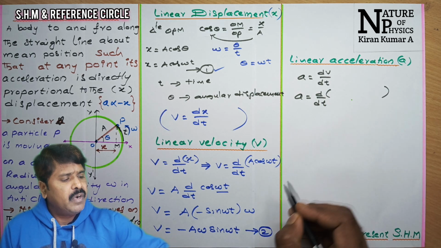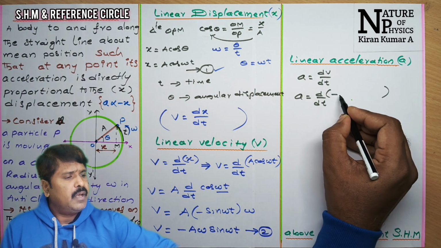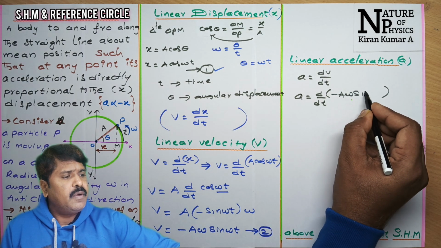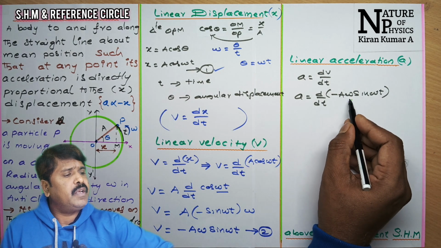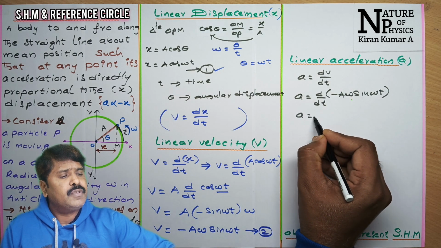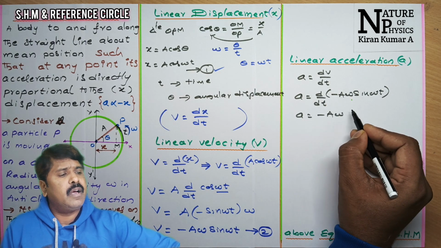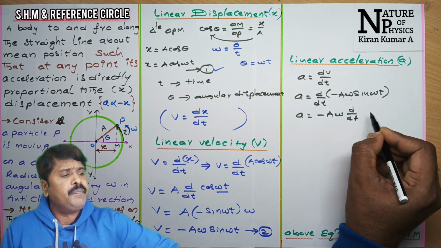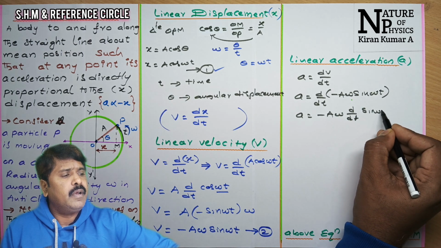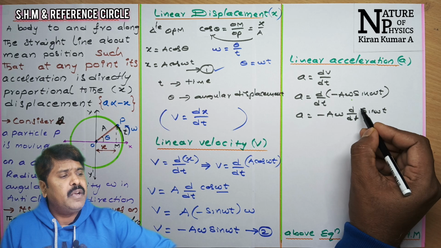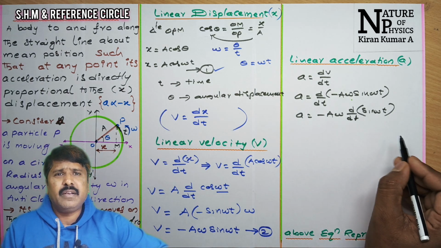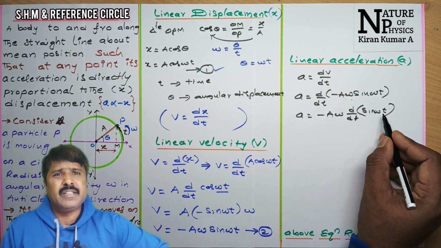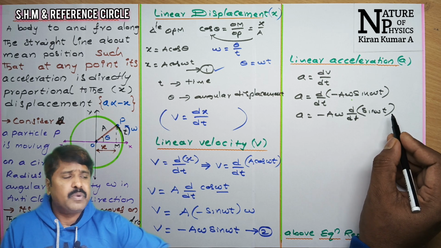Now we have the velocity minus A omega sin omega t from equation number 2. A omega is common, so minus A omega common, d by dt of sin omega t. The differentiation of sin omega t becomes cos omega t, and omega stays common because differentiation is with respect to time only.